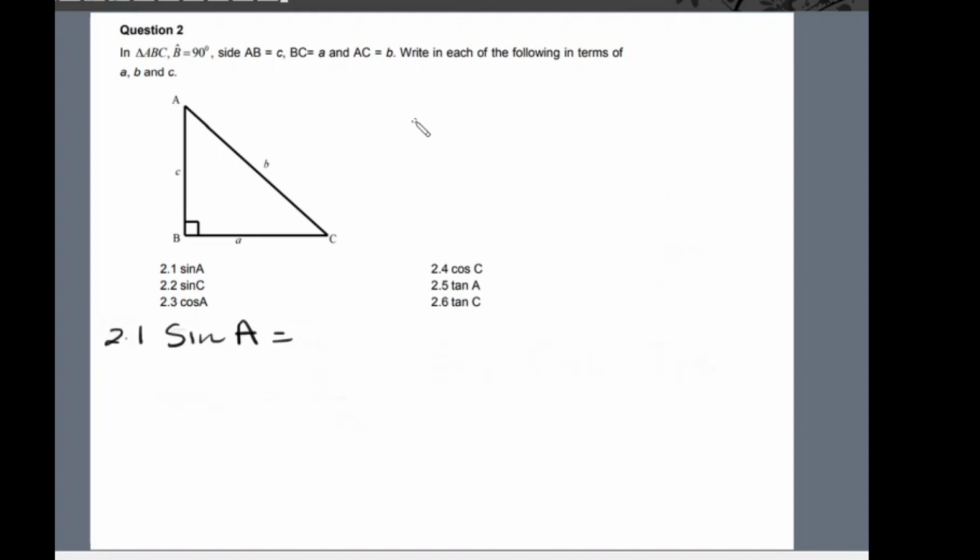Right, remember I said to remember the trigonometric ratios you can use these letters, the mnemonic SOHCAHTOA, right? In SOHCAHTOA, sine is opposite over hypotenuse, cos is adjacent over hypotenuse, tan is opposite over adjacent, right?